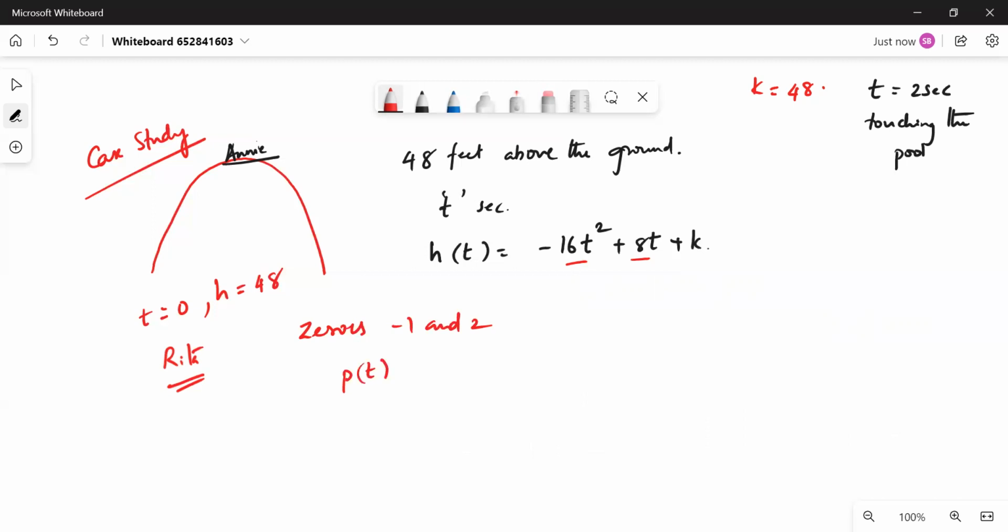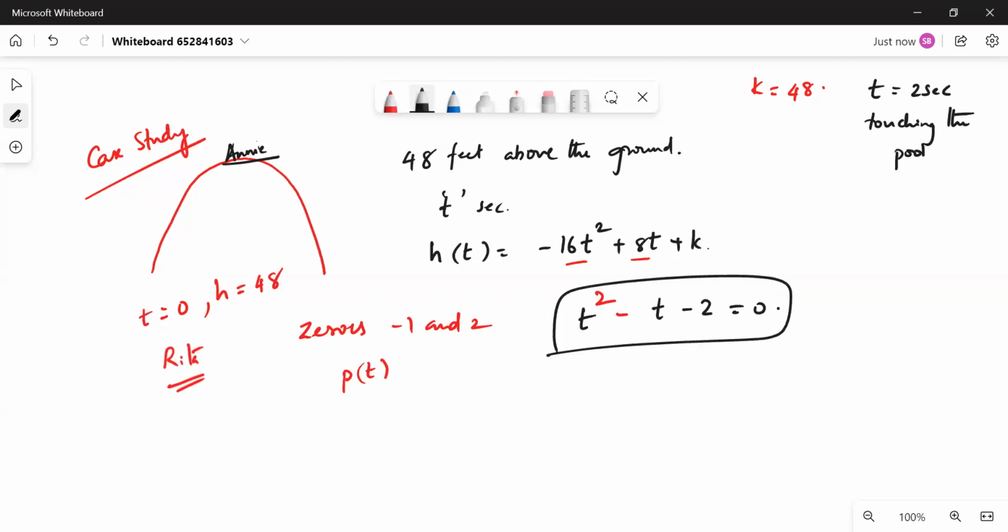The zeros are minus 1 and 2. So x square minus (alpha plus beta), which is 1, plus alpha into beta, which is minus 2. This will be her expression, sir. Because it is in t, I will write it with respect to t. So t square minus t minus 2. Only the polynomial, right? That is enough. Clear? Yes, sir.